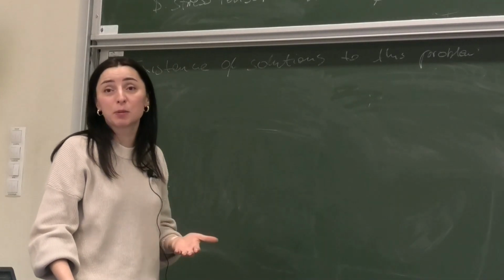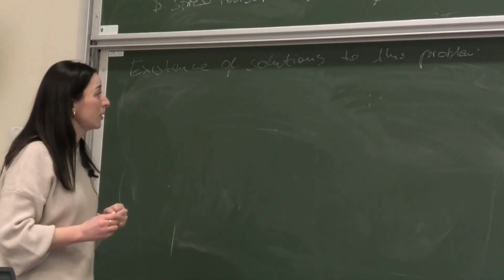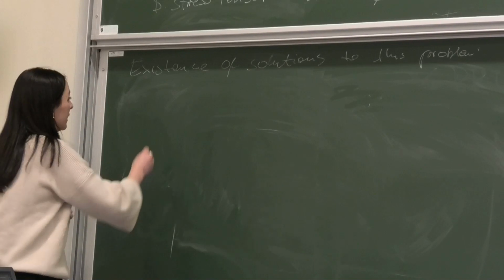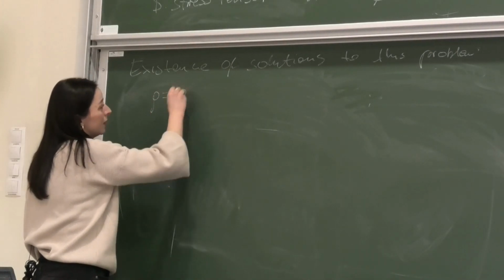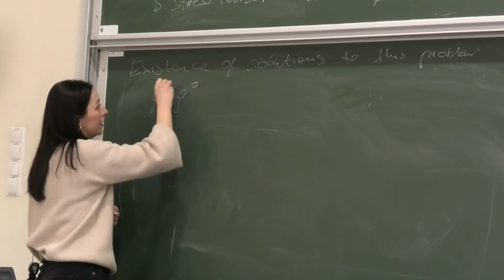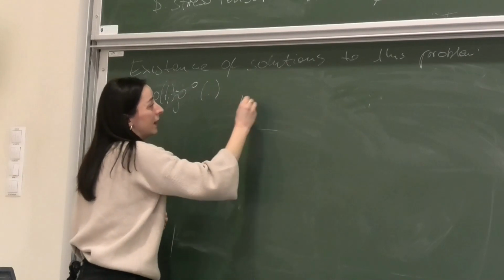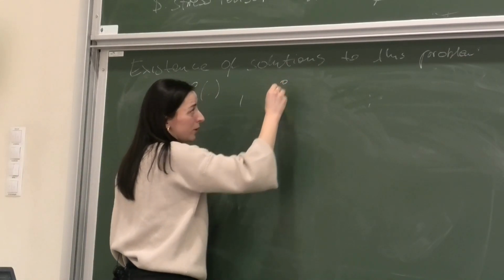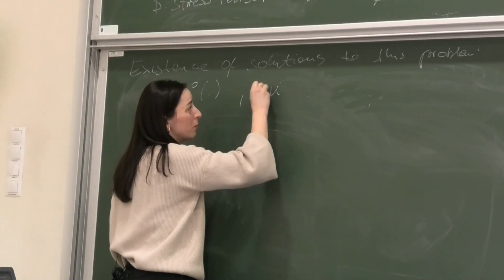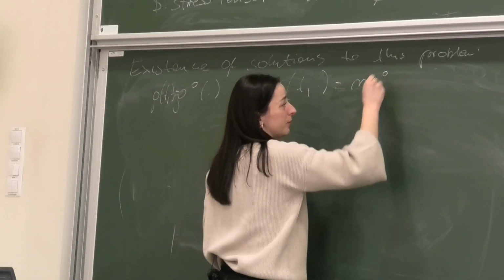I didn't say anything about boundary data, nothing like that. So, as I said, I'm going to be very, very sloppy here. I will only prescribe rho at time zero to be equal to some rho 0, and velocity, although I should actually prescribe the whole momentum, is going to be something like m0.